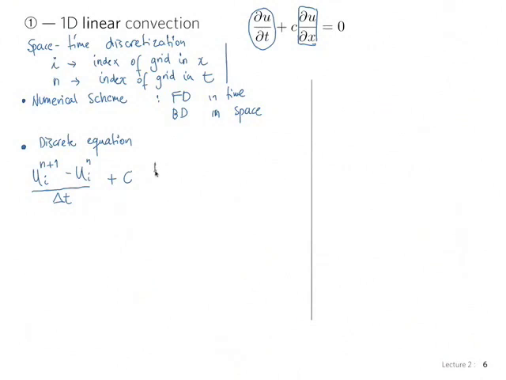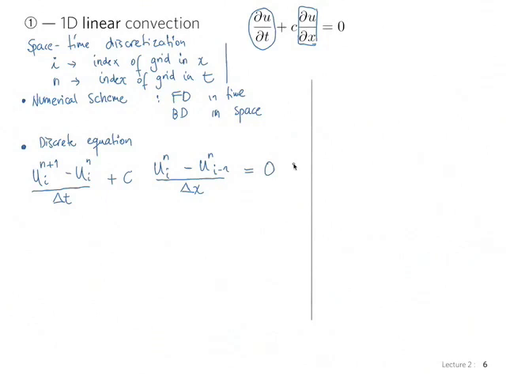So we have u at time n, point i, minus u at time n, point i minus 1, divided by delta x. And here is our approximation to the partial derivative with respect to x. Again, it can't be simpler. All of this is equal to 0.